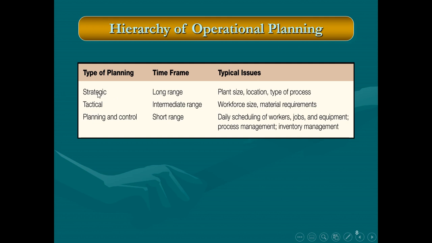And then you'll find that you are going downward to tactical planning, which is intermediate or medium range. The medium or intermediate range will focus on workforce size and material requirements, going for scheduling.